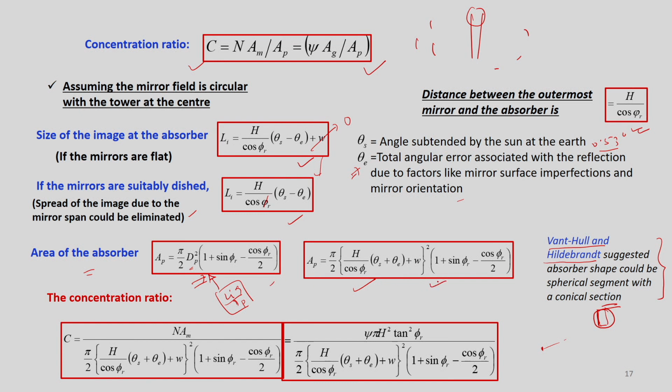Once we know Ap, as we know the expression for the concentration ratio, we can substitute the value here and develop the concentration ratio for this considered observer system, this kind of observer. So, this will be something like this: N Am, then this expression multiplied by this expression.